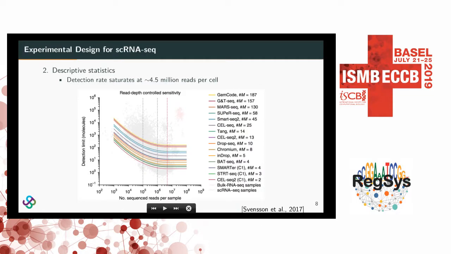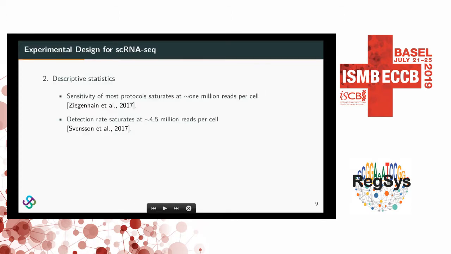However, if we switch to a different statistic called the detection rate, which means that for each gene, at what number of molecules can it be detected, we see here the saturation occurs at 4.5 million per cell. So given two different descriptive statistics, we get different sequencing depth per cell. So we cannot easily unify these measures to guide our practices.